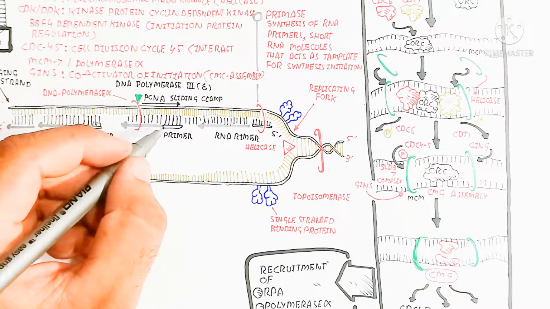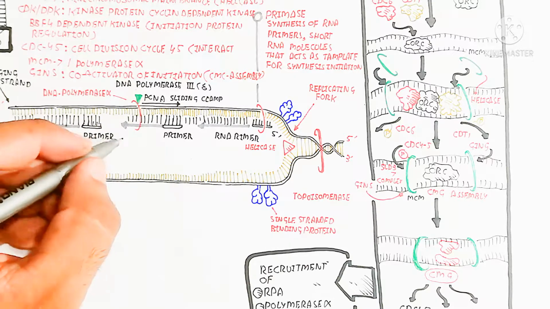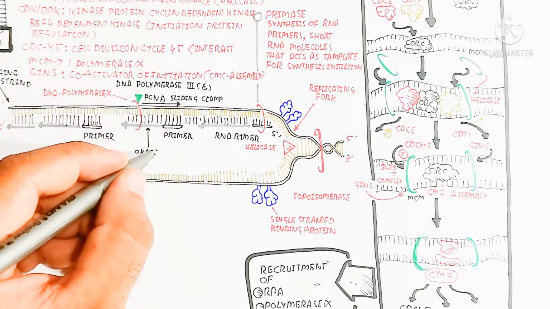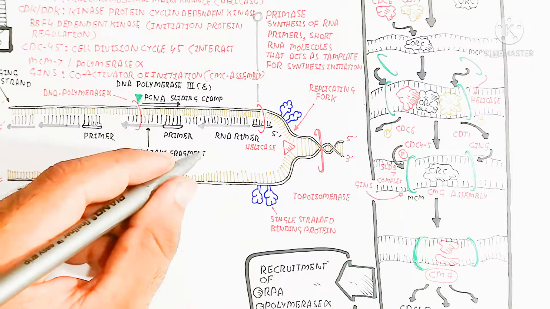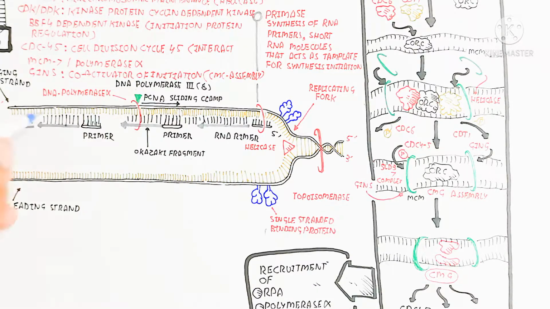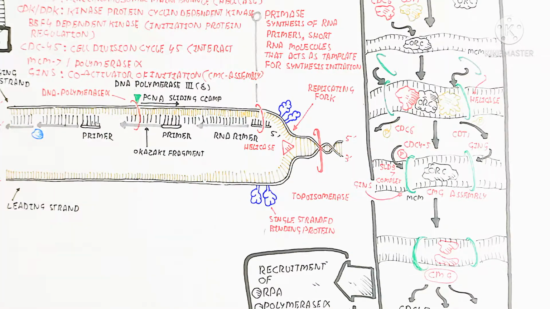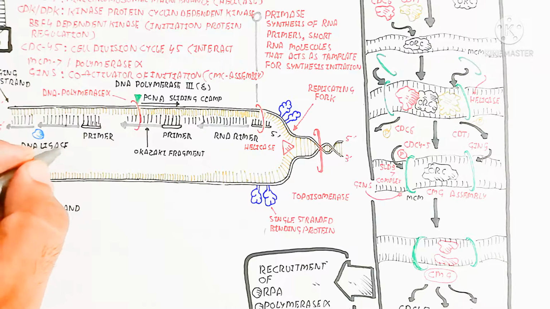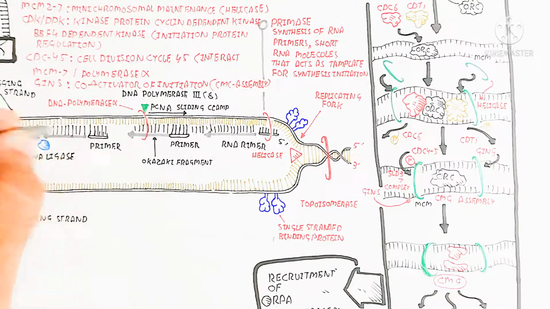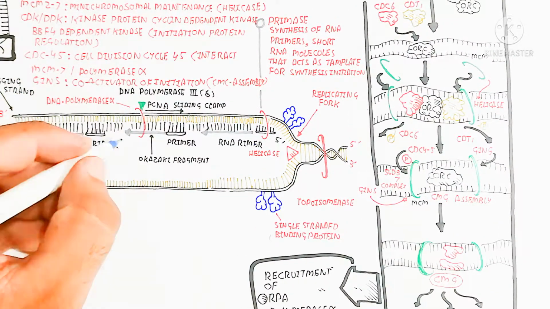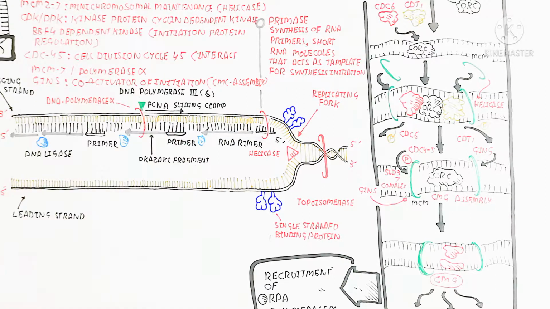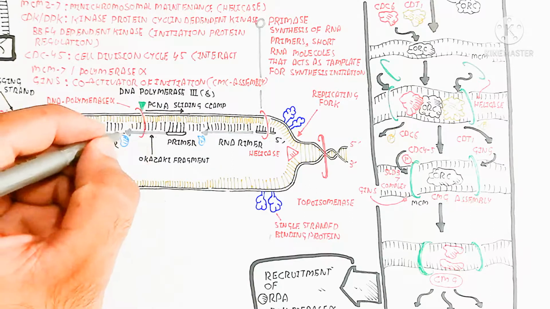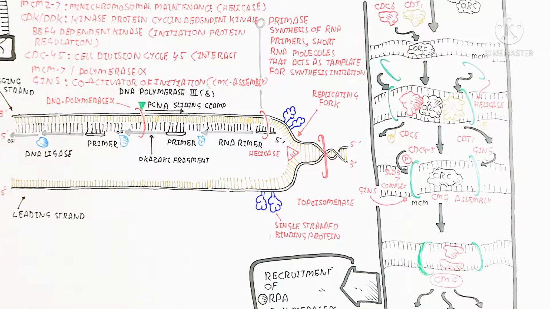There are many gaps of 200 to 1000 base pairs, gaps of nucleotides left behind, which are joined by the DNA ligase. Not transcribed but read. The DNA ligase enzyme binds at the site and the nucleotides are added.